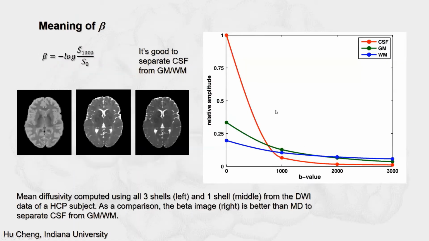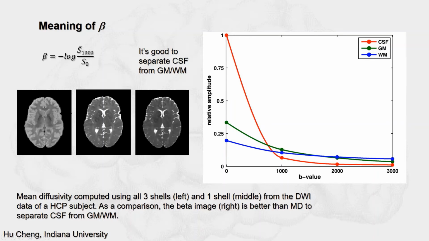Okay, so we can take a look at the meaning of alpha and beta values. The beta value is, by definition, the log of the signal normalized by the B0 image. Because there's a much bigger signal change from B0 to high B value for CSF than for gray matter and white matter, the beta map is good to separate CSF from gray matter and white matter.